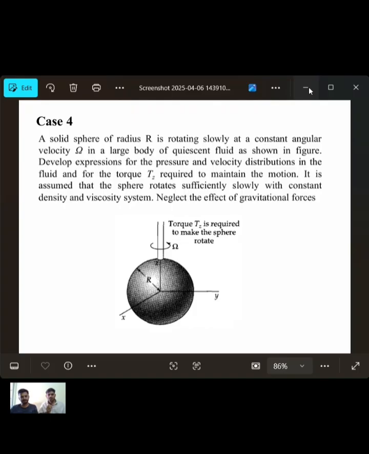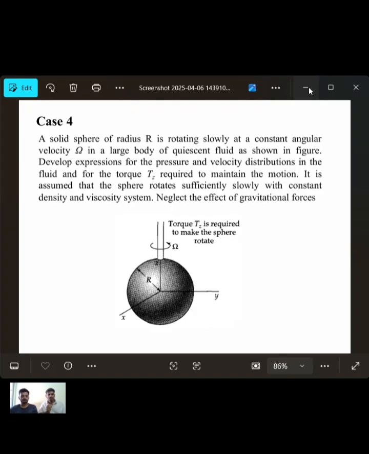Number two, axisymmetry, which means no dependence on phi: dou by dou phi is equal to 0. Number three, no radial or polar flow: Vr is equal to 0 and V theta is equal to 0. Number four, steady state. There is no change with respect to time. It means dou by dt is equal to 0.